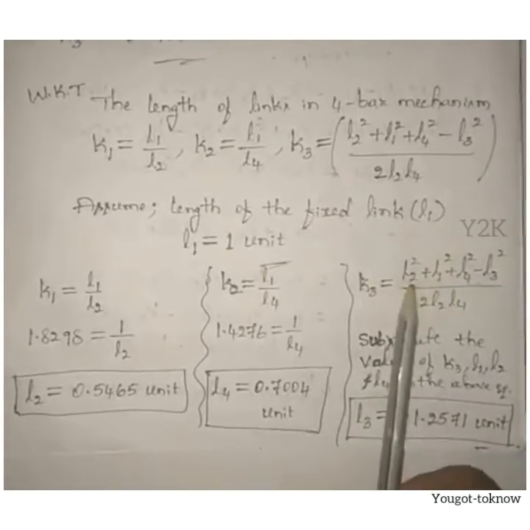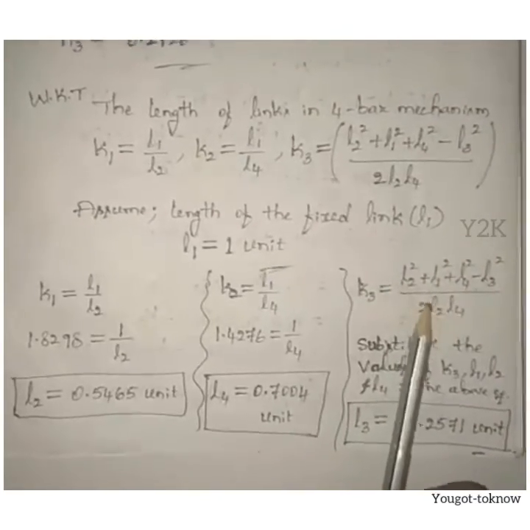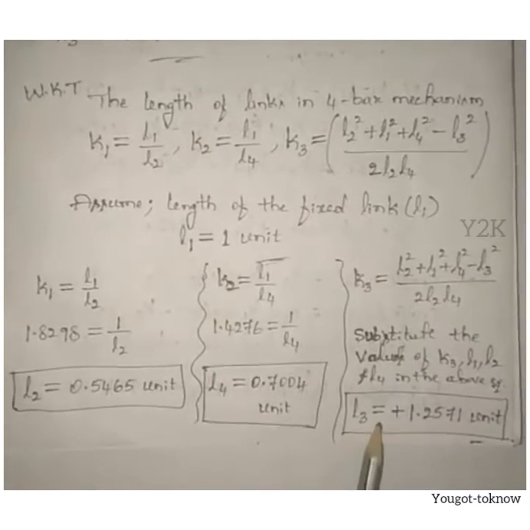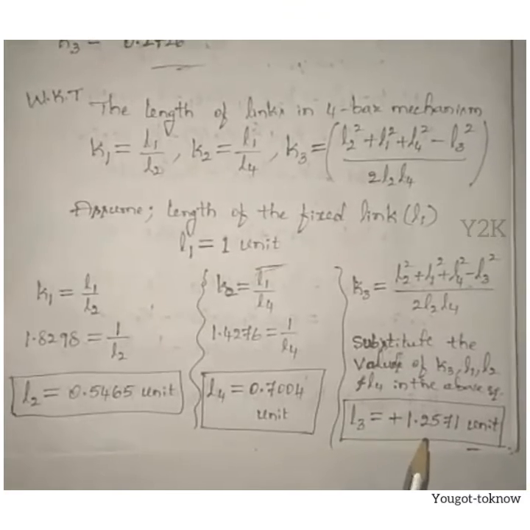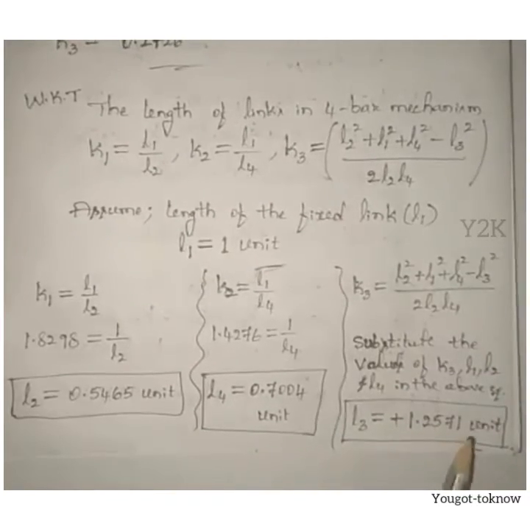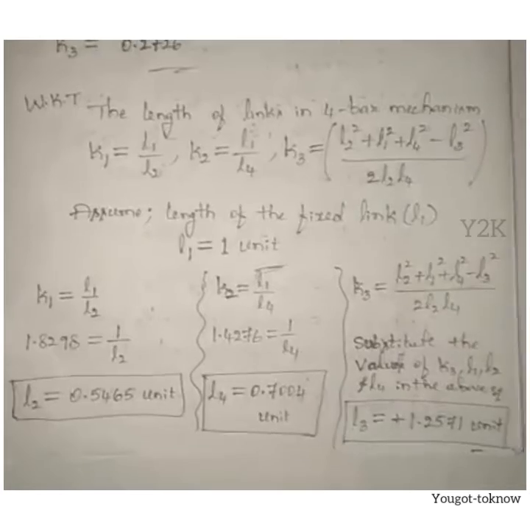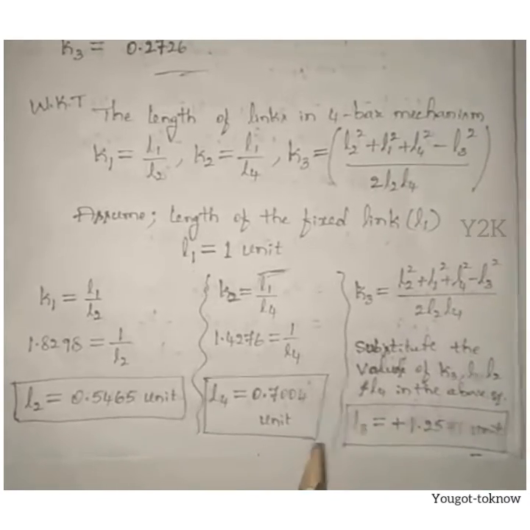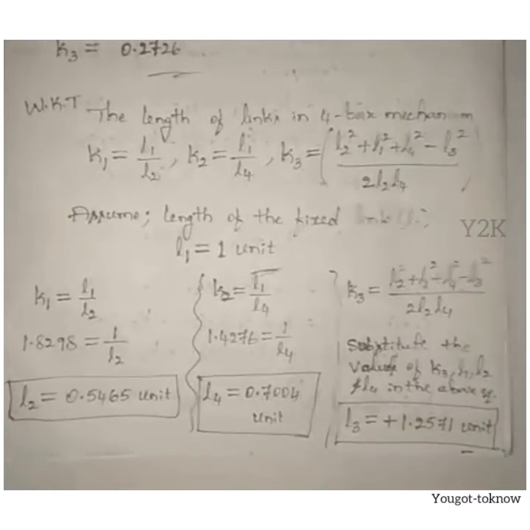Substitute all these known values and simplify the equation. Then we get the value of L3 as positive 1.2571 unit. Like this, we can determine the lengths of the links in the given 4-bar mechanism.